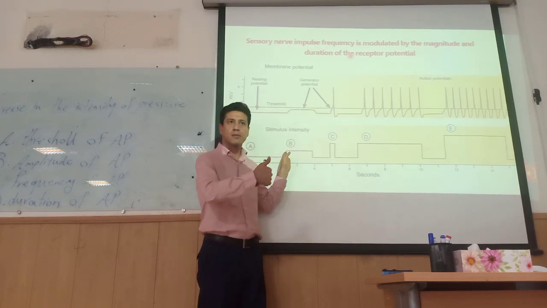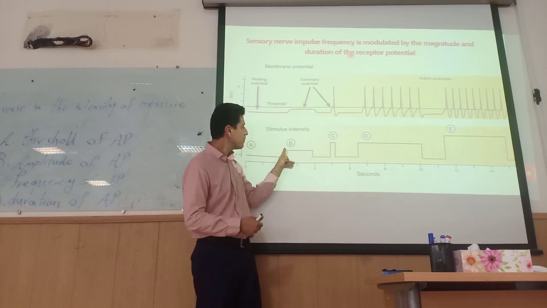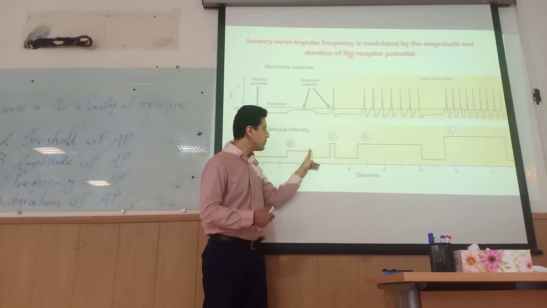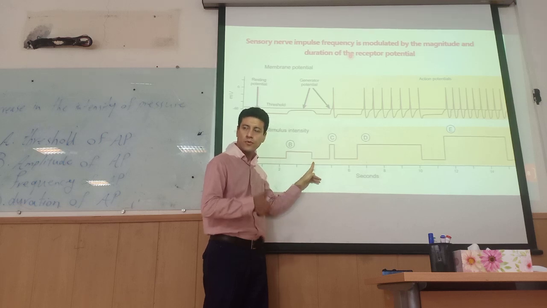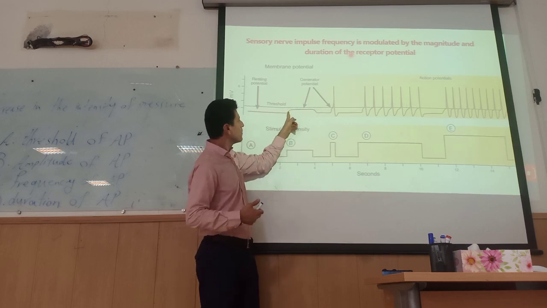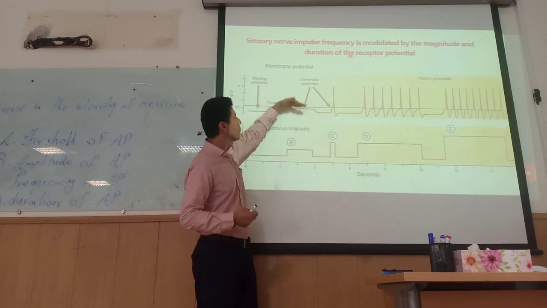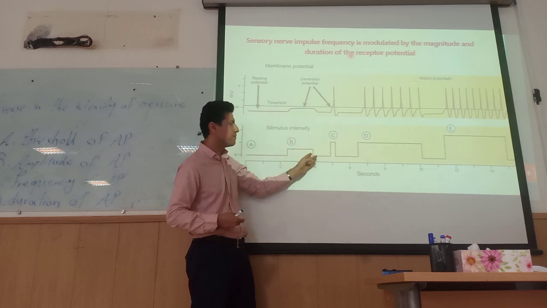When you press weakly, you start the pressure, continue it, and then release. The answer is a receptor potential. Does it reach the threshold in this case? No, we don't have an action potential.